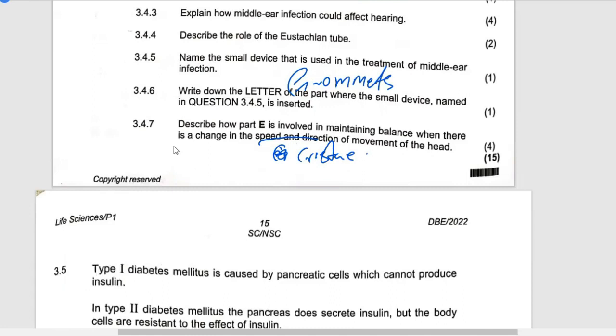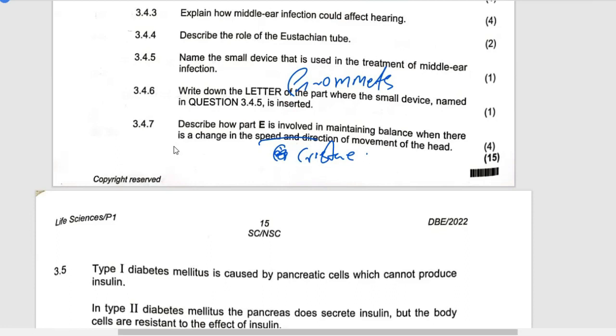So a change in the speed and the direction of the head will stimulate the cristae. Where is cristae found? The cristae is found in the ampulla of the semicircular canal. The stimulus which is received is converted into enough impulse which moves along the auditory nerve to the cerebellum for interpretation to restore balance.